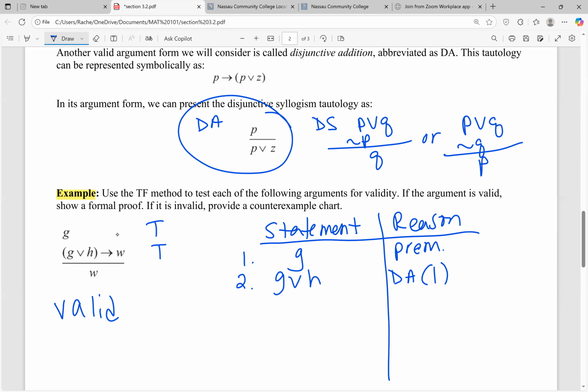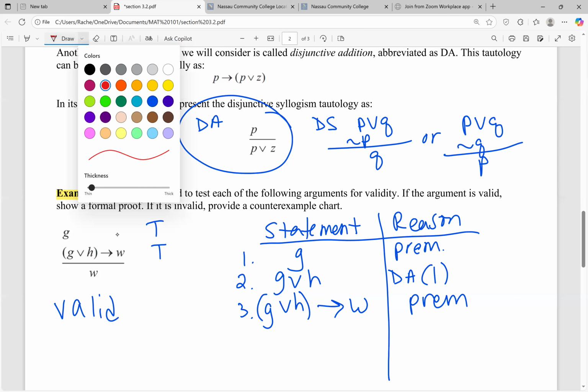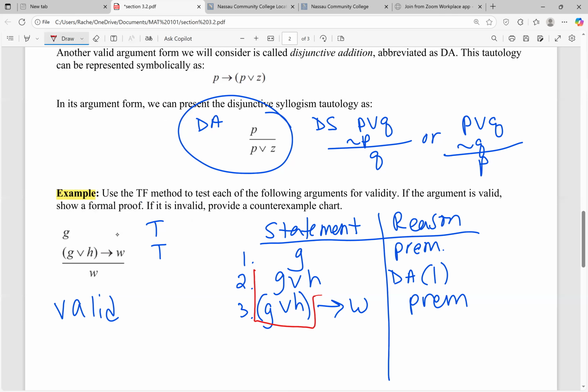Now I have G or H, and that happens to be the left-hand side of this conditional statement. So now I'm going to list this conditional statement, G or H implies W, and it's true because it's a premise. And look, if I put 2 and 3 together, you see how G or H is the left-hand side of the conditional in 3.